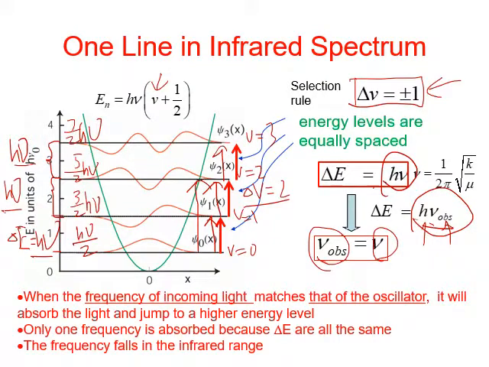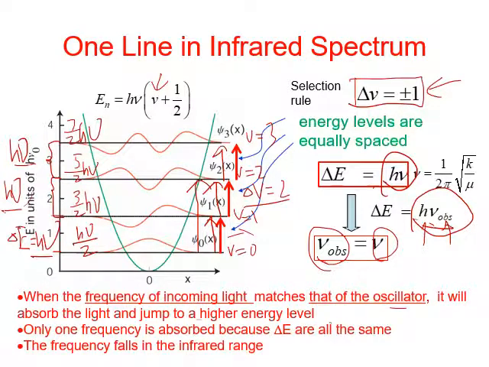So when the frequency of incoming light matches that of the oscillator, in other words, when the photon has a frequency equal to the natural frequency of the vibrator, then the molecule will absorb the light and jump to a higher energy level. In addition, the energy differences are all the same, and therefore they absorb the same frequency.